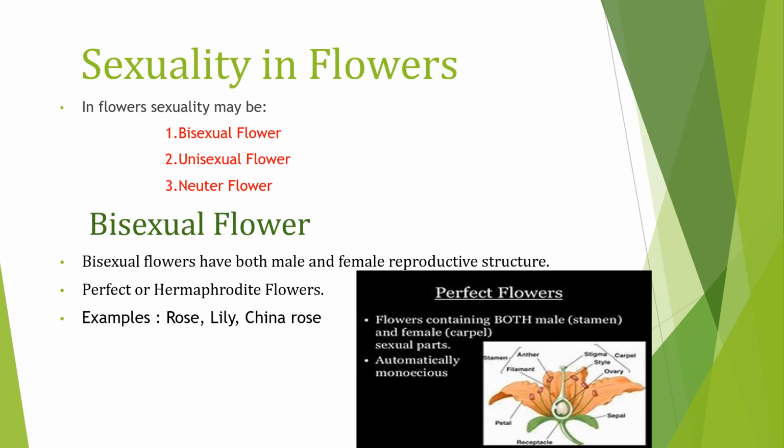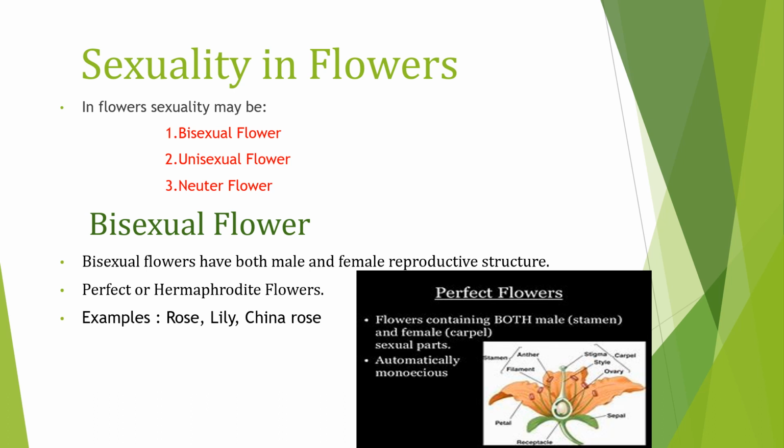Sexuality in flowers. Sexuality in flowers depends on the presence and absence of male and female germ cells. They may be bisexual flowers, unisexual flowers or neuter flowers. Now what are bisexual flowers? Bisexual flowers are also called as hermaphrodite flowers or the perfect flowers.